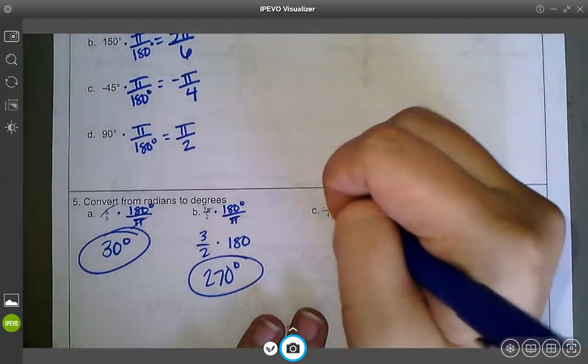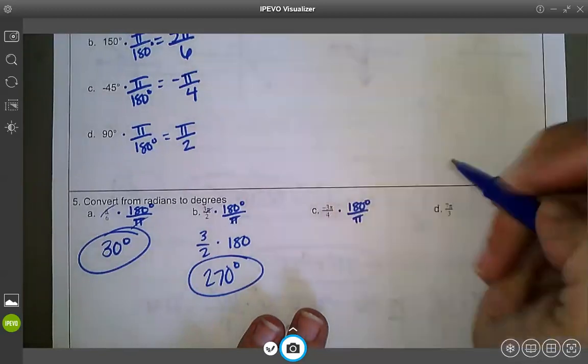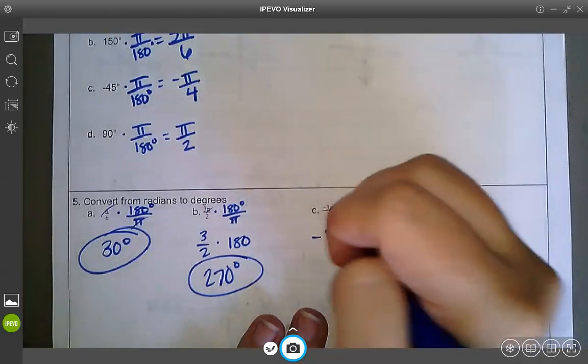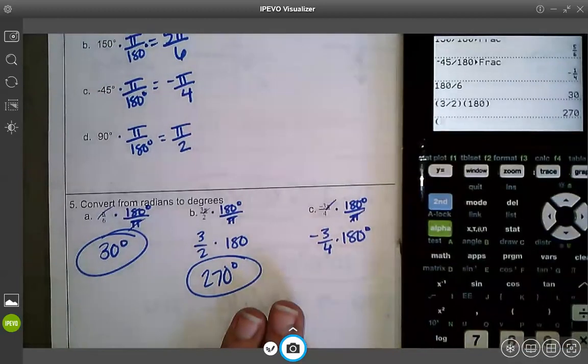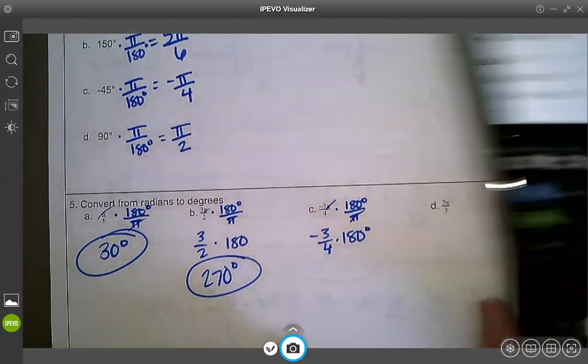Negative 3 pi over 4 times 180 over pi. Again, my pi's cancel, so I'm saying negative 3/4 times 180, which is negative 135.